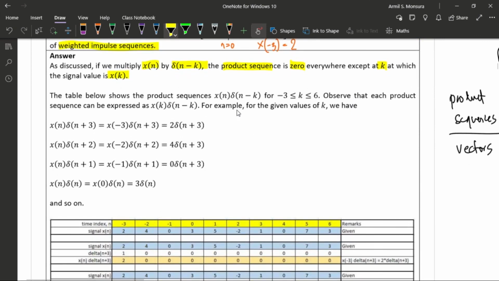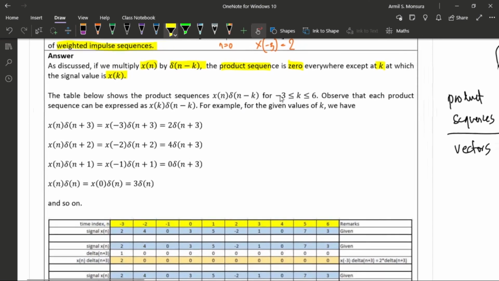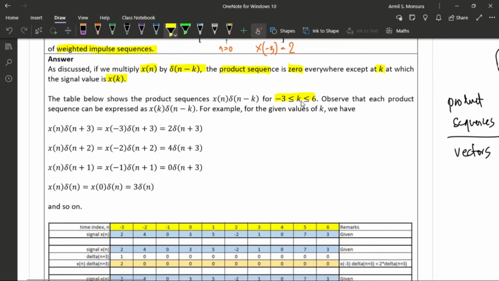Okay? Now, ito yung sinasabi natin, no? Unang-una, your x of n is defined at this delay. Parang dapat n to.